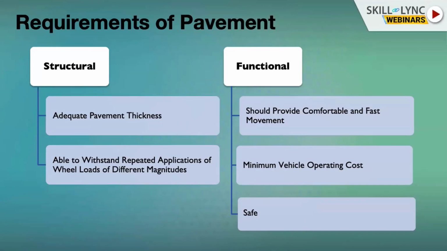If it does not have enough strength, there may be chances that it will fail prematurely, and it will ultimately affect the functional performance. So as an engineer, a maintenance engineer or a highway design engineer, I'm more concerned about the structural requirement of the pavement.